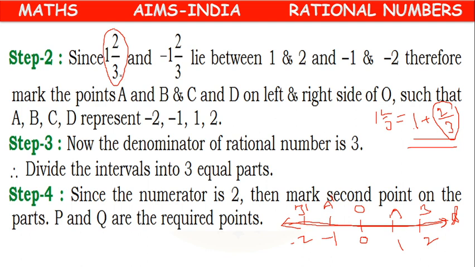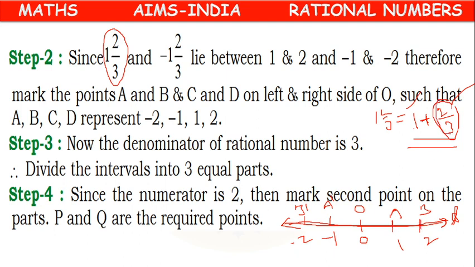So 1 2/3 is the sum of one complete part plus the 2/3 part. So our value lies after 1, which means between 1 and 2.